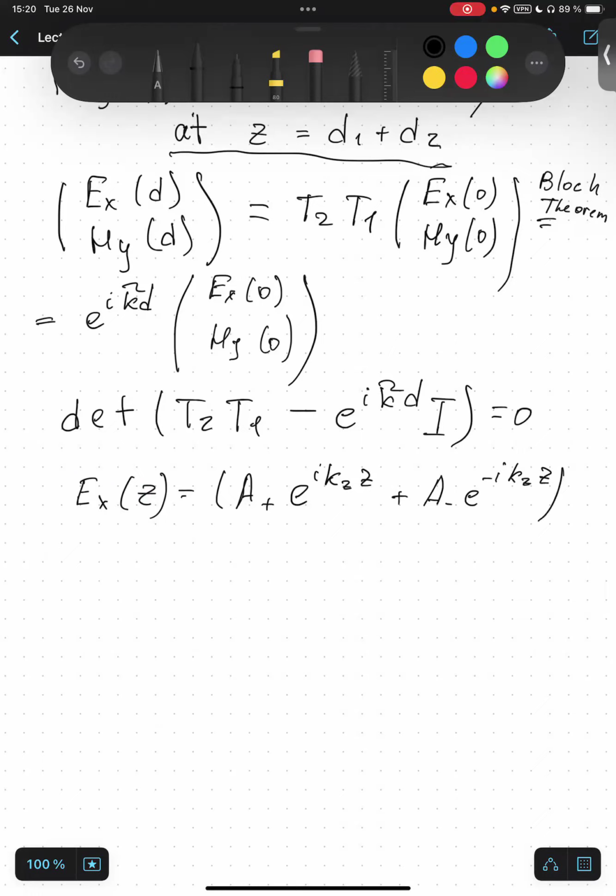And the same equation for magnetic field, Hy equals B plus e to the power i kz z plus B minus e to the power minus i kz z.